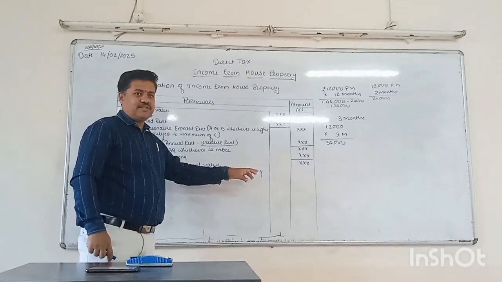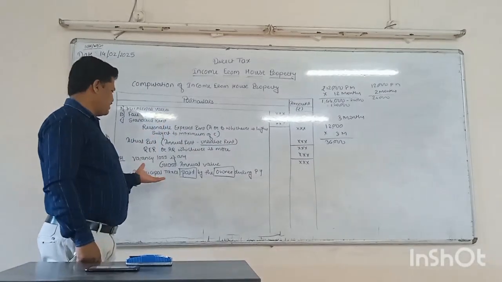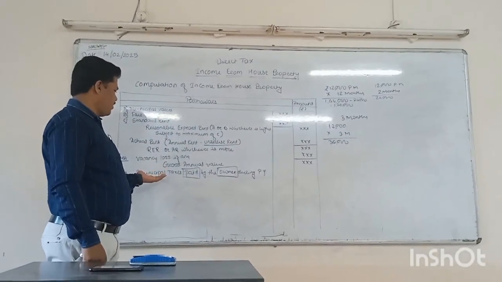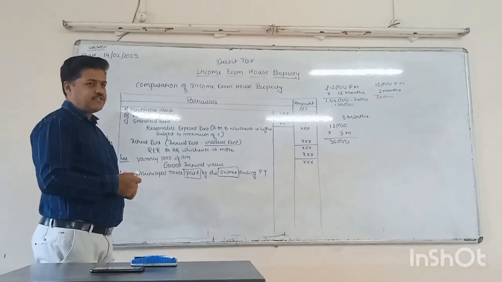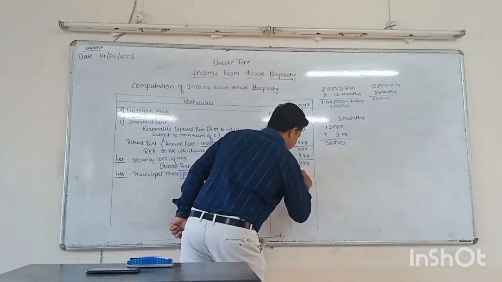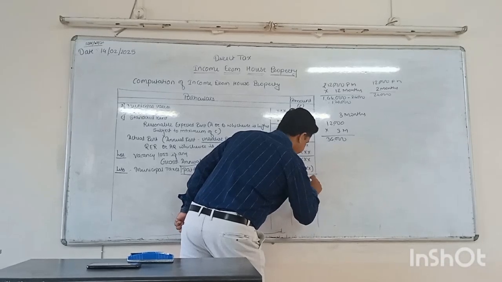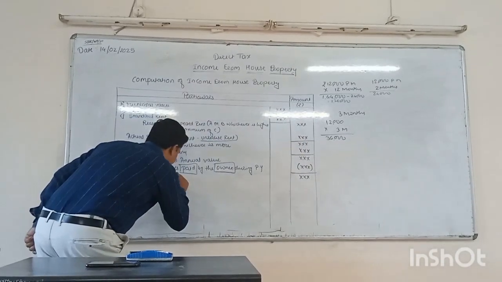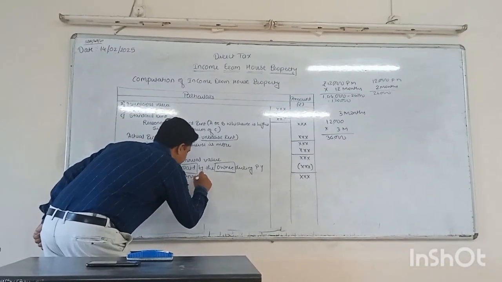So if in the previous year any municipal tax was paid by the owner, he can deduct it from gross annual value, and when he deducts municipal taxes, we get net annual value.